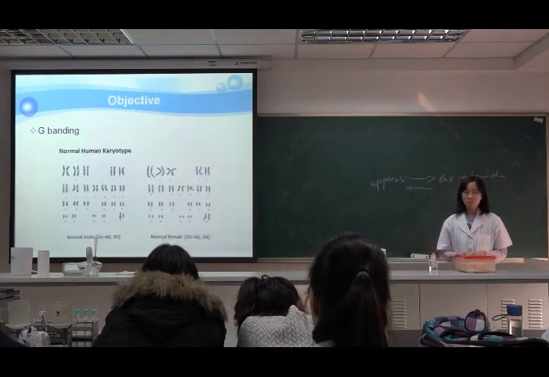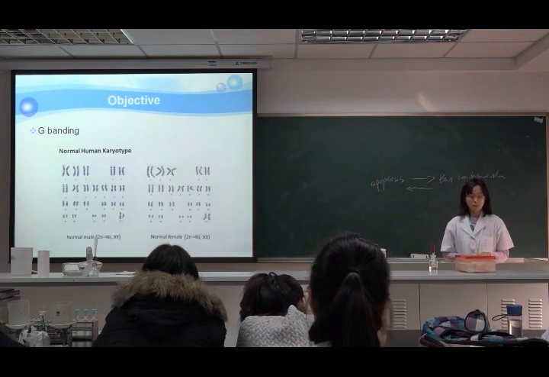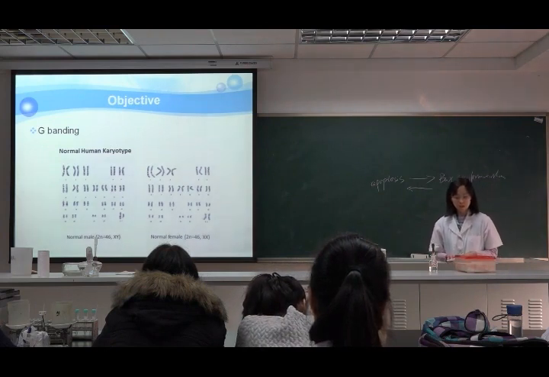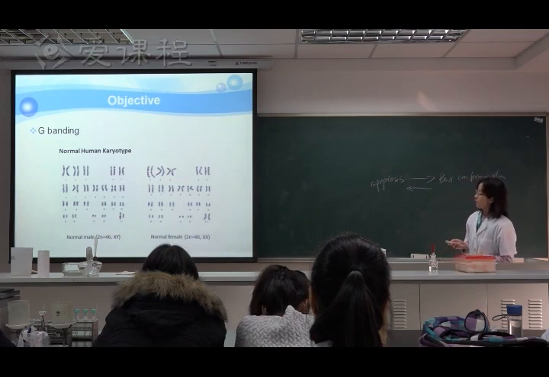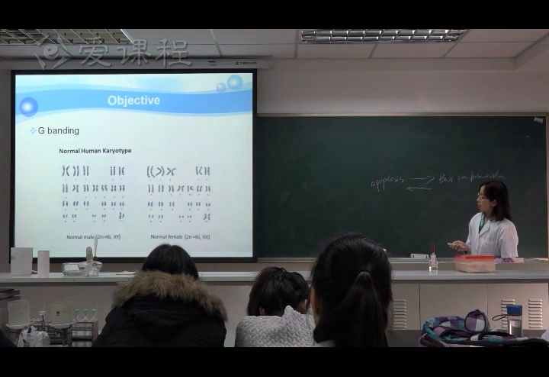And the objective of today's experiment is G banding. We can see the picture here is a normal human karyotype.